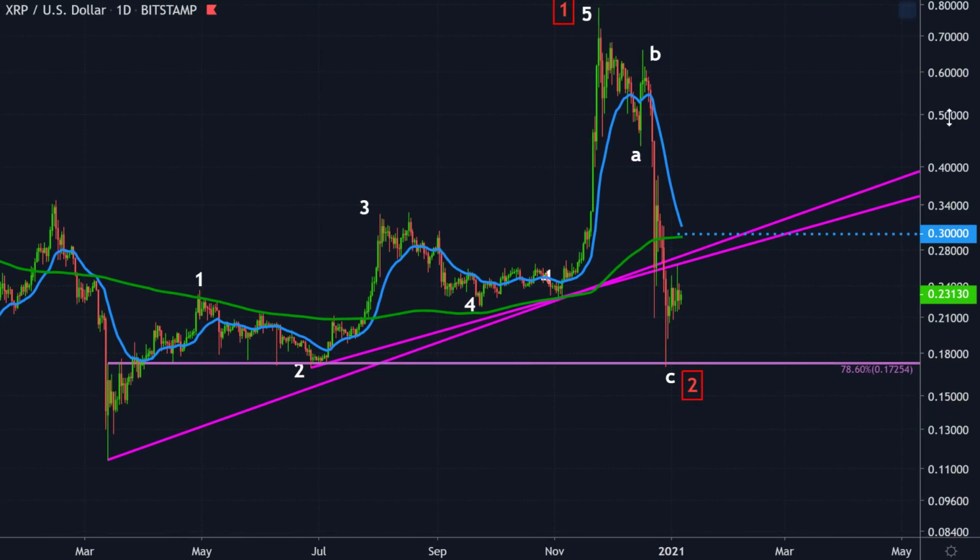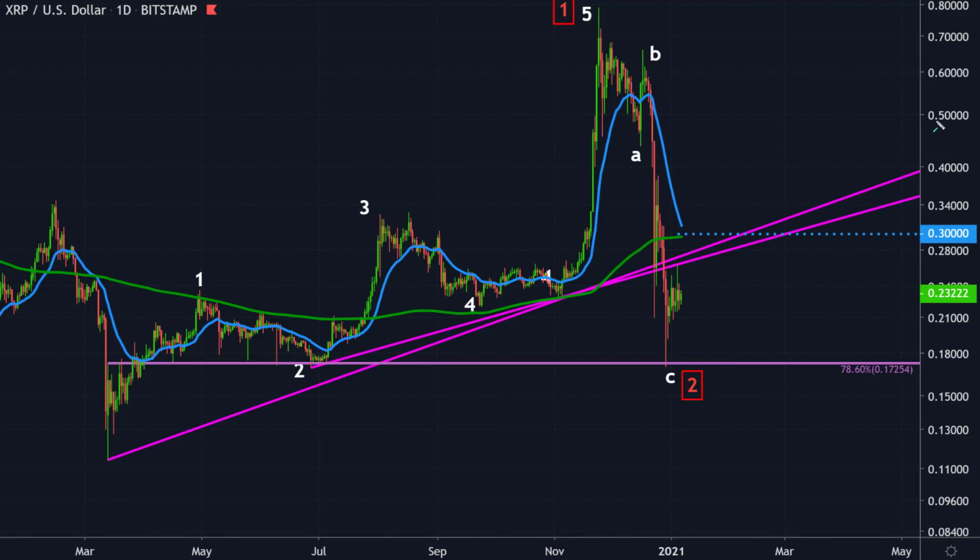If XRP instead breaks below 0.17 and follows through lower, if we see a sustained move below 0.17, then guys, I can no longer maintain a bullish bias on XRP, because that would move us into a bearish perspective. I should just say that is not the scenario I'm expecting. This bearish scenario at the moment does not have a high probability for me.